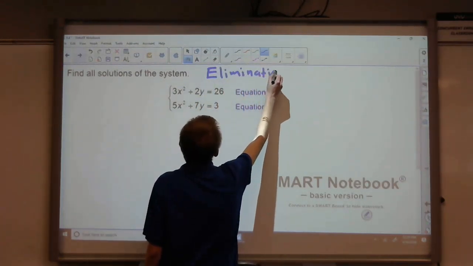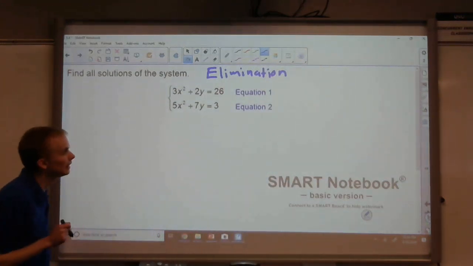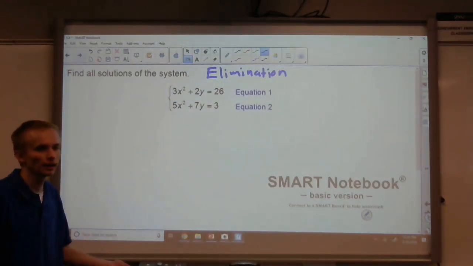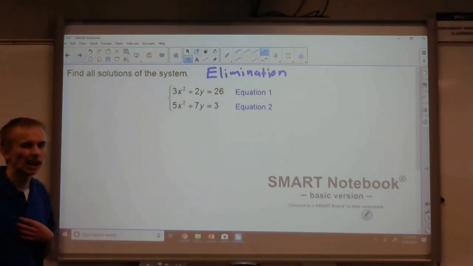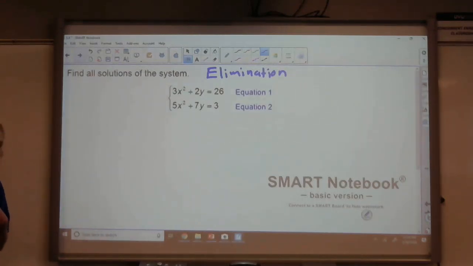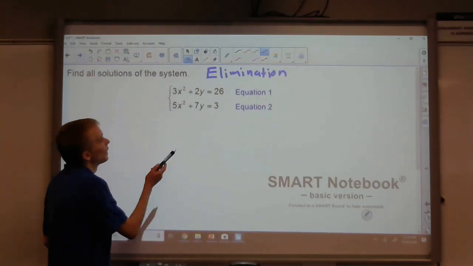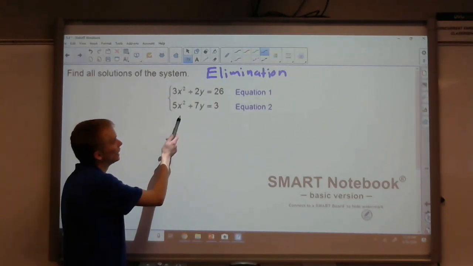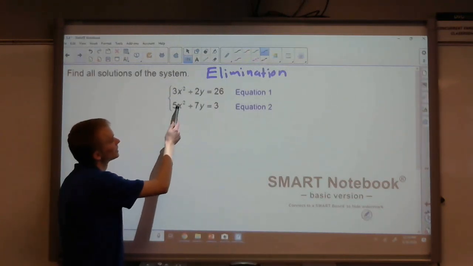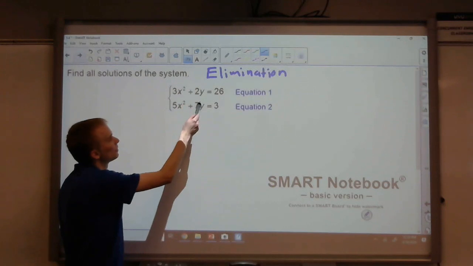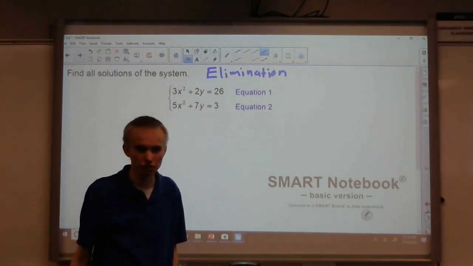And to be honest, it doesn't really matter a lot of the time, but there are some times when it's better to do one method than another. This one, elimination will work because I have the same things on both equations.